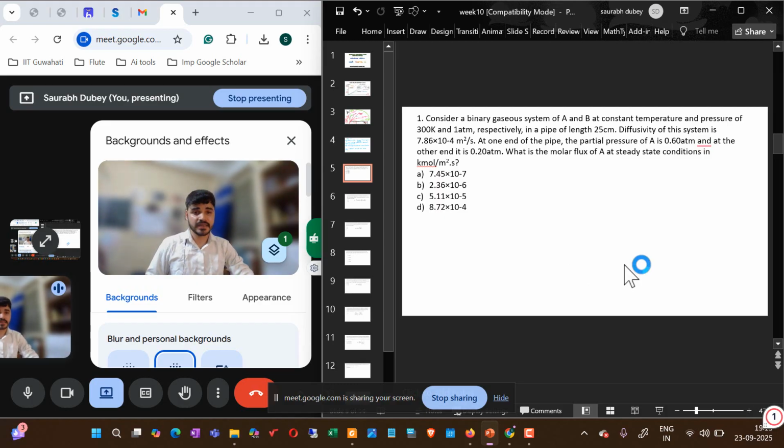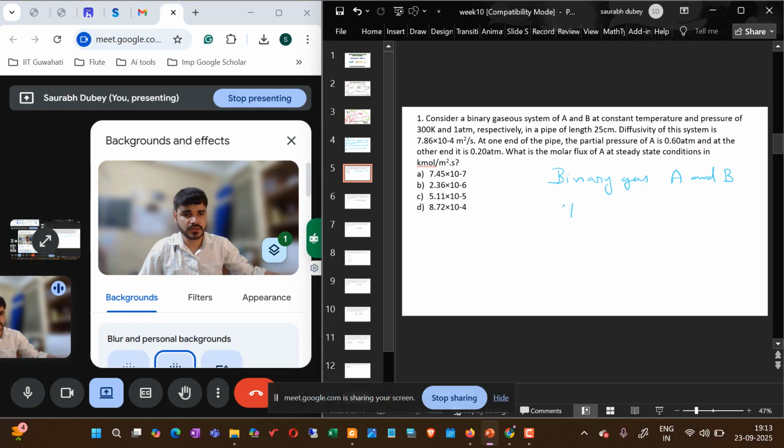So consider a binary gas system of A and B at constant temperature and pressure of 300 Kelvin, right? So you are having this binary gas, A and B, at constant temperature and pressure.